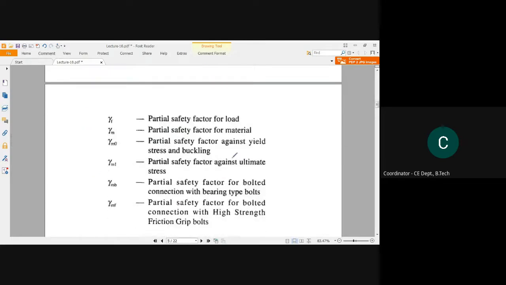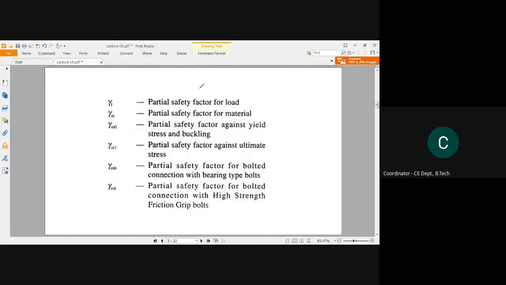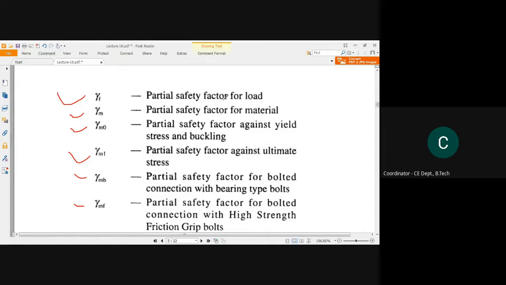Let us get aware of some safety factor notations. This is called gamma f. I am just showing the partial safety factor for load. Gamma m represents the partial safety factor for material.